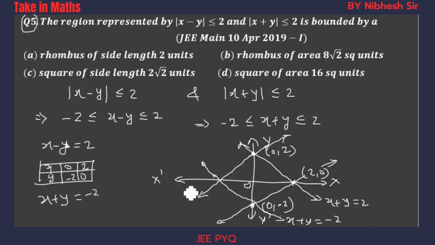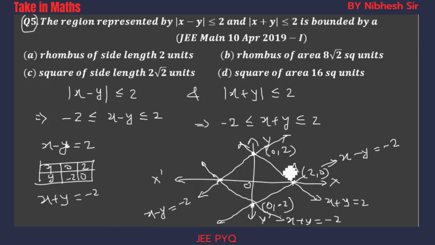And this other line is x minus y equal to minus 2. So we have drawn this.